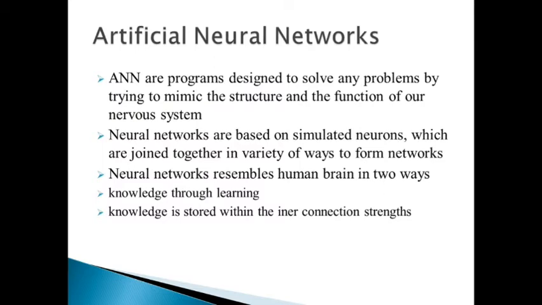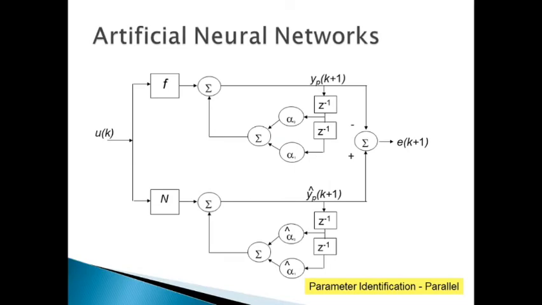Here it shows the connections of the neural network and how the structure resembles it. This part is the input vector, and this is the neural network functionality. The input vectors coming into the neural network will be summed up, and after summing up we have functionalities like Z inverse and Z inverse, and from that again you get some output.